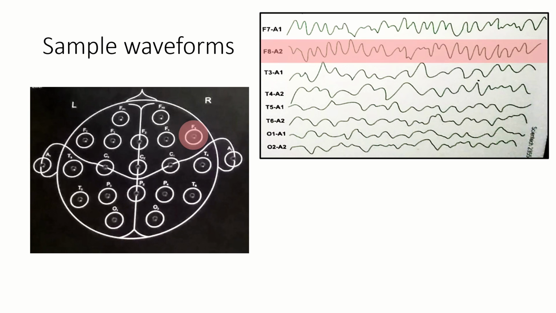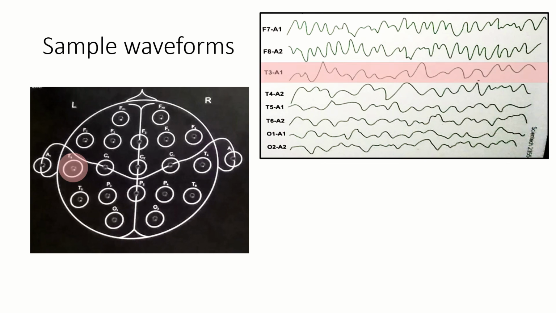Then we have the waveform of F8 with respect to A2, which is indicated by flashes. Then we have the potential of electrode T3 with respect to A1, T4 with respect to A2, T5 with respect to A1, T6 with respect to A2, then O1 with respect to A1, and O2 with respect to A2.